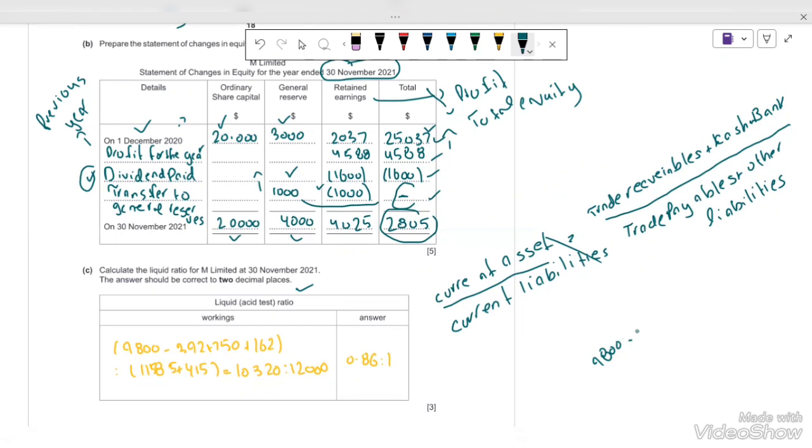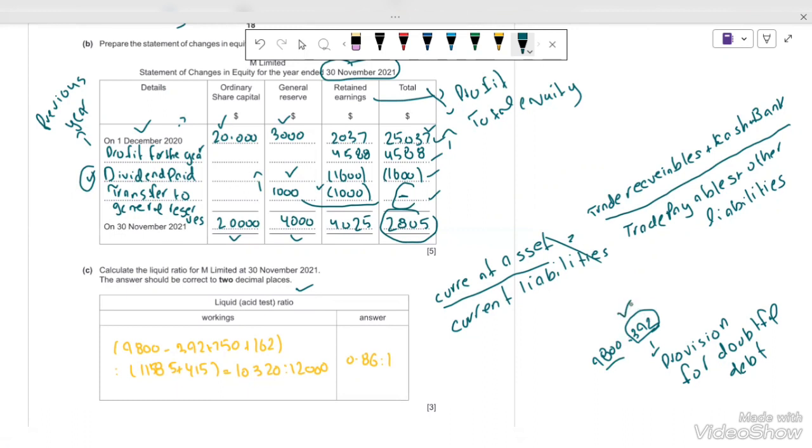So that is why we have to deduct it, because this is possibly trade receivable that may go into bad debt. So that is why we have to deduct this 392 from 9,800, because it is possible that we will not collect 392 as our trade receivable in our business.